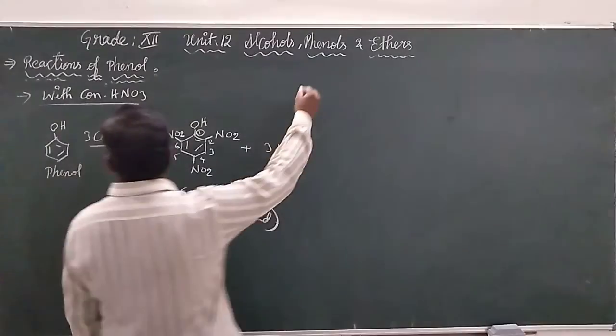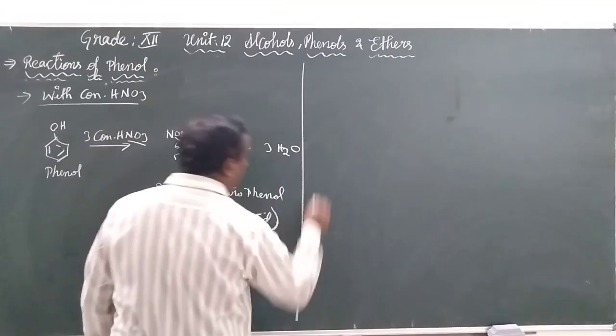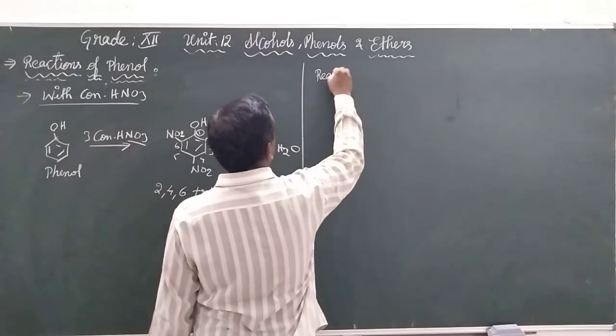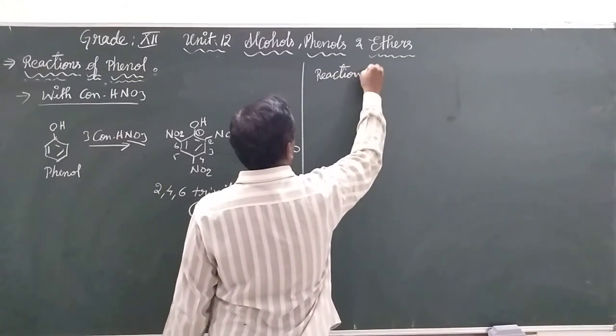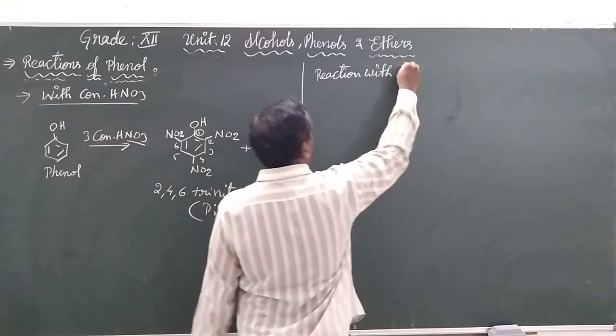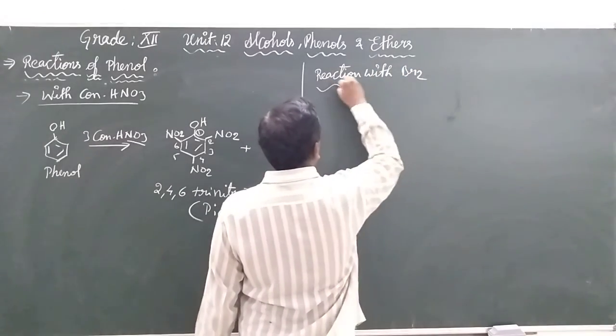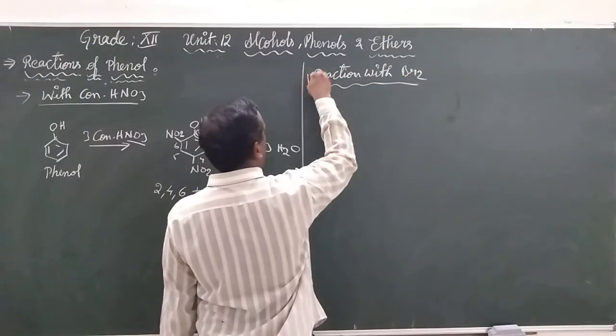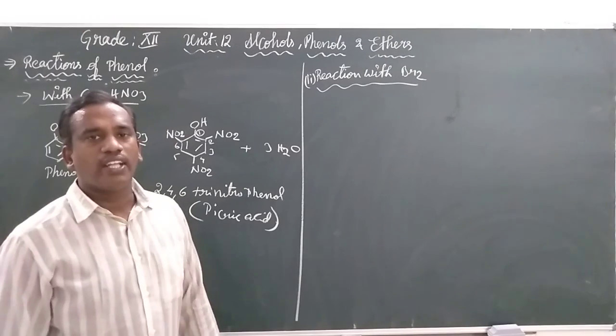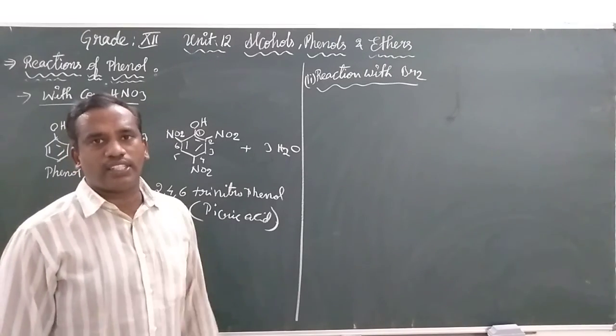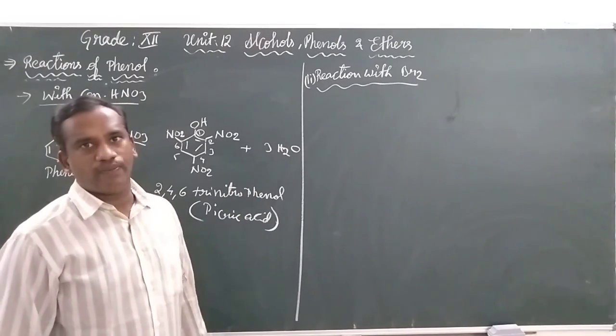Now let us see how phenol reacts with bromine. The phenol reacts with bromine, that is the halogen, under 2 conditions, just like the nitric acid.